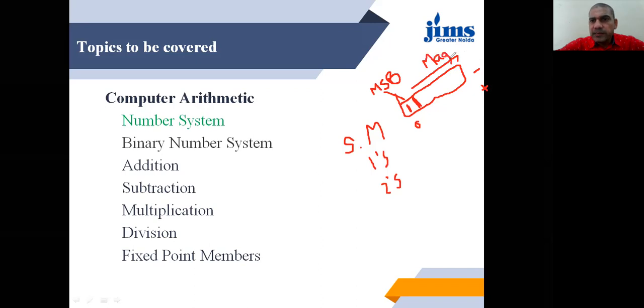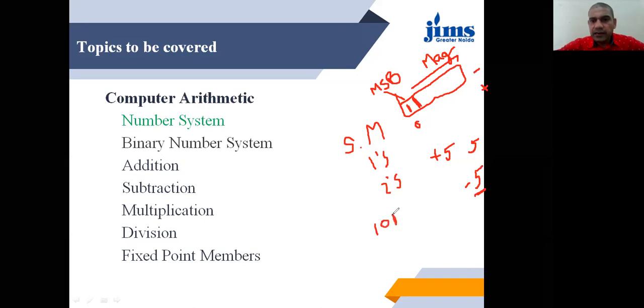In ones complement, suppose I have to write the ones complement of plus 5, or simply 5, or I have to write minus 5 in ones complement. First we write the binary equivalent of 5, and that is 101.